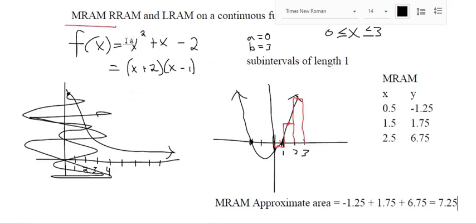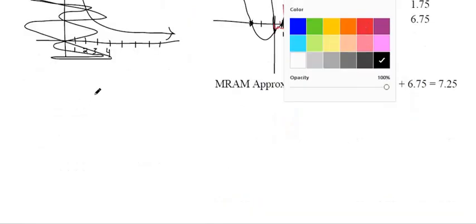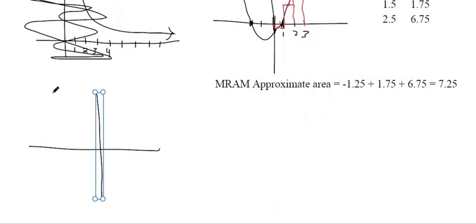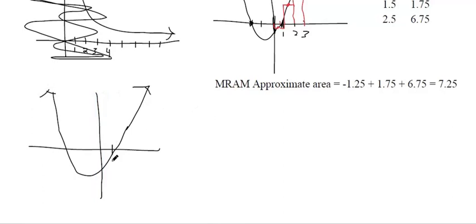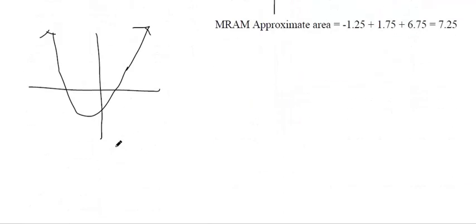Okay, this video is getting long. I'll do RRAM, and then hopefully that'll illuminate what we have to do for LRAM. Okay, so let me re-sketch the graph because I can't go back. So this is roughly our curve. And then we had 0 to 1. Oh wait, it crosses at 1, right? Yeah. So 0 to 1, 1 to 2, and 2 to 3.